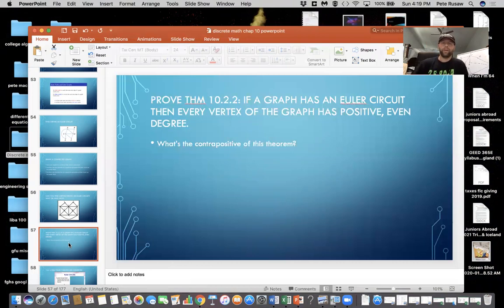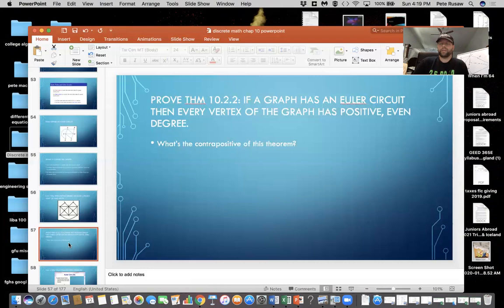So every vertex of the graph has a positive even degree if you have an Euler circuit. The contrapositive of this, and by the way, this only applies to connected graphs, because obviously a disconnected graph isn't going to work for an Euler circuit. But the contrapositive of this says if the graph has some odd degree vertex, then it does not have an Euler circuit.